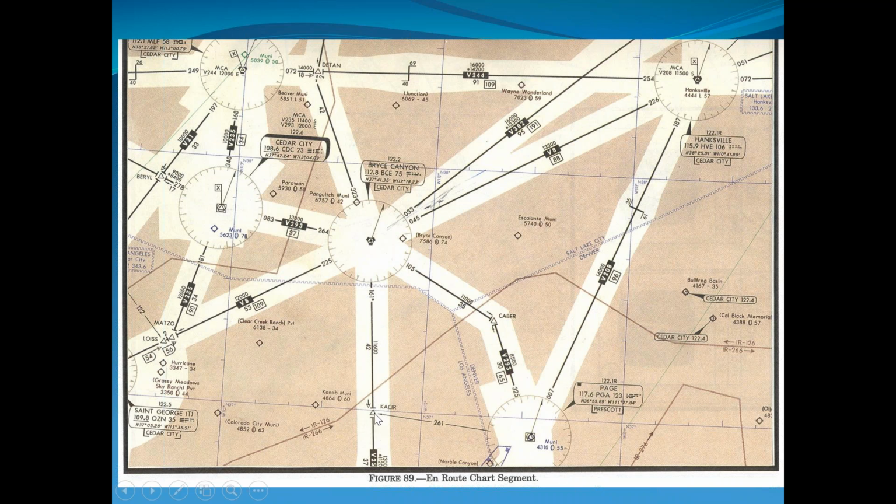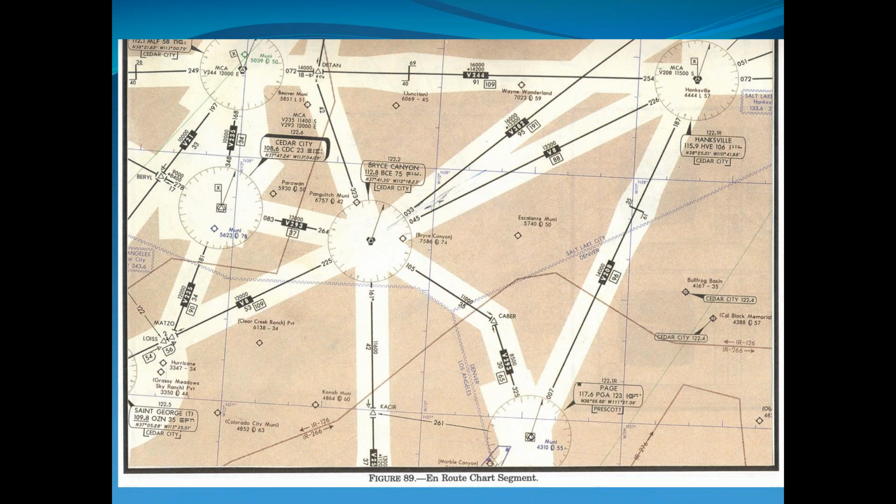What is that? Because that's not a VOR, but I got distances between the VOR and that. That is an intersection. I was thinking intersections had to cross. Oh yeah, no, they don't. An intersection is just simply a point along a jet route or a Victor route.